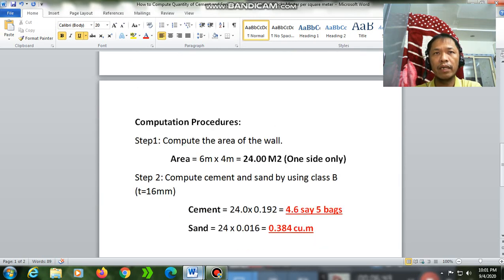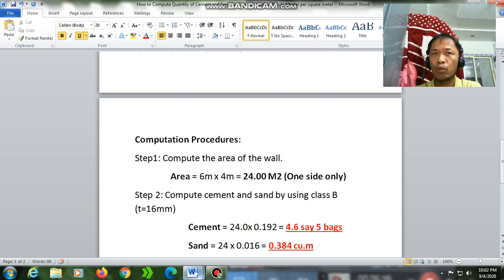But if you need to plaster the two sides, you need to multiply this by 2. This is the same. So we will consider first the one side only. So you have the area.